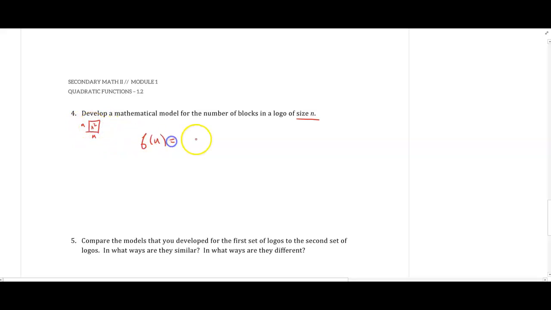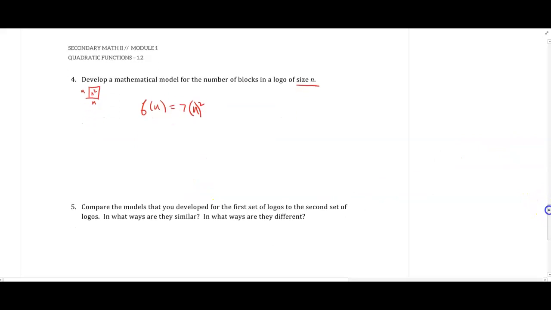So f of n is equal to 7 times n squared, and that would be a rule that you can use for this. If I told you to find the number of boxes in a size 10 logo, that would be f of 10, which would be 7 times 10 squared, which would be 700 boxes.